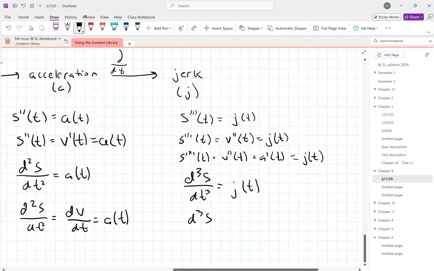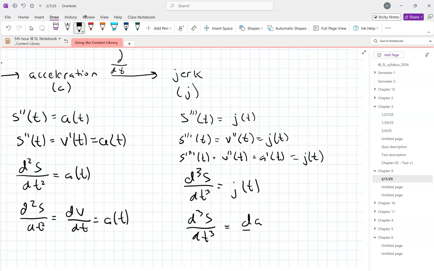Or d cubed s dt cubed is d squared v dt squared, which is dA dt, which is just jerk. So again, I'm just showing you equivalent expressions, ways to write these things.